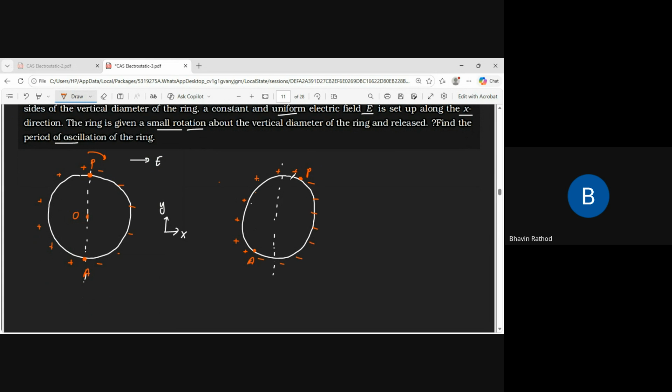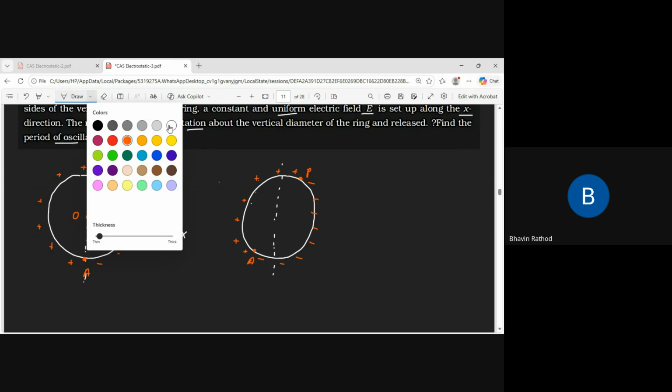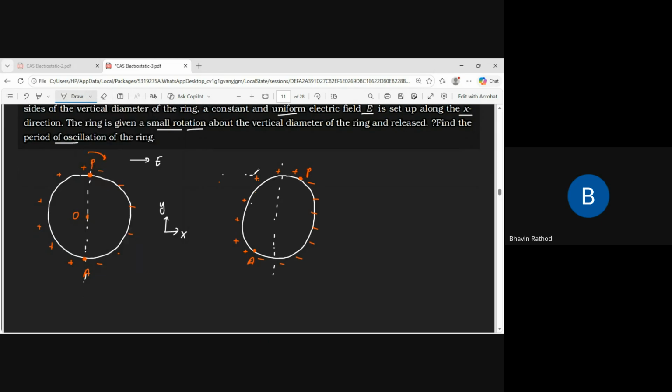Now let us say that we draw a horizontal line like this. The negative charge starts below this horizontal line. In the same way, let us draw a horizontal line through point A, so the negative charge starts below it.